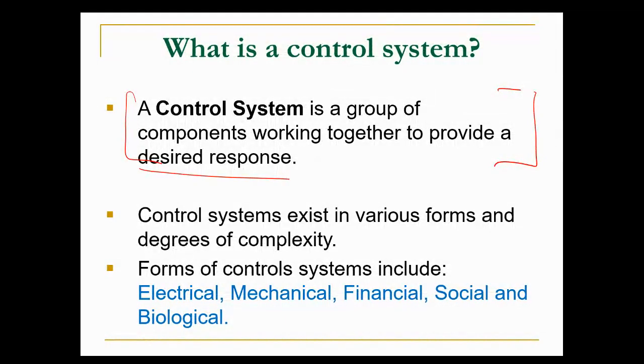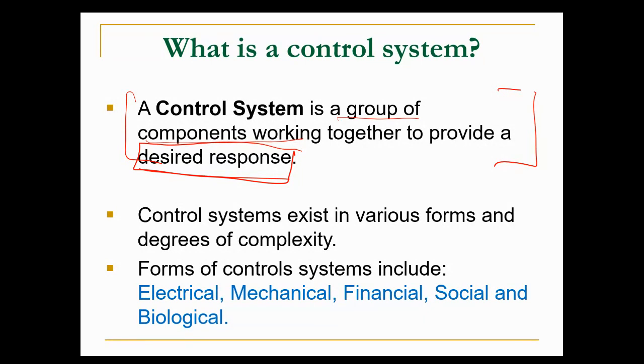Every control system has a desired response. Then we have a group of components that work to achieve this. So in every control system, there is a desired outcome.